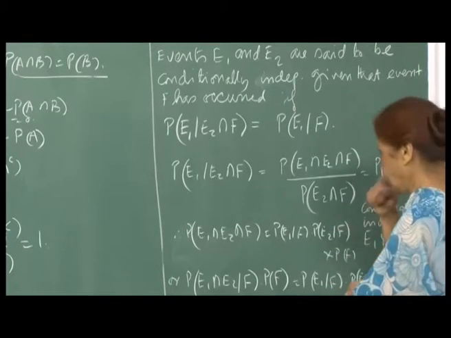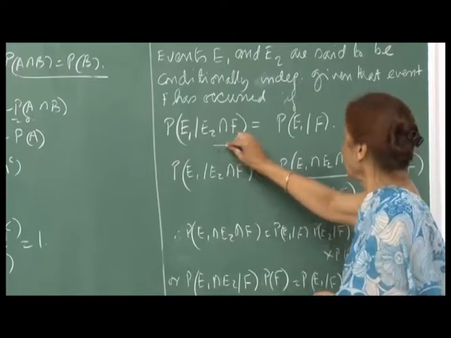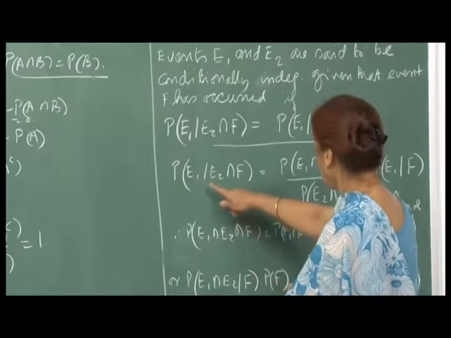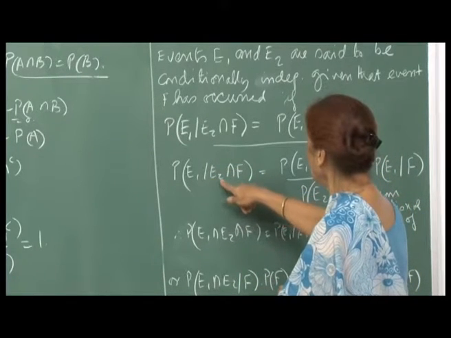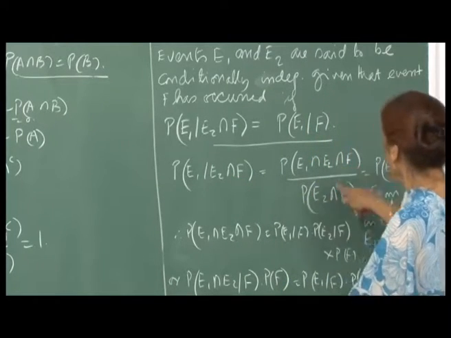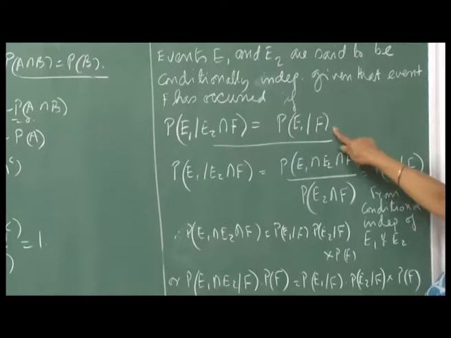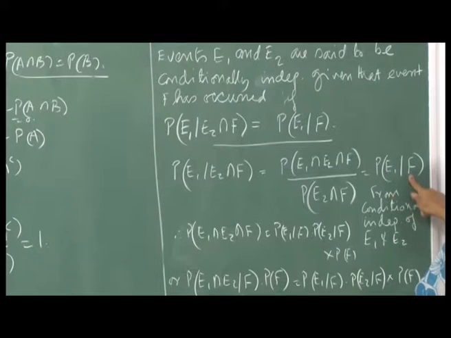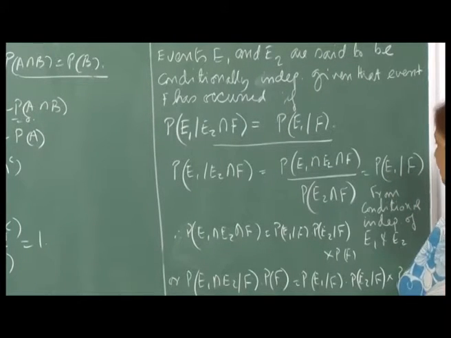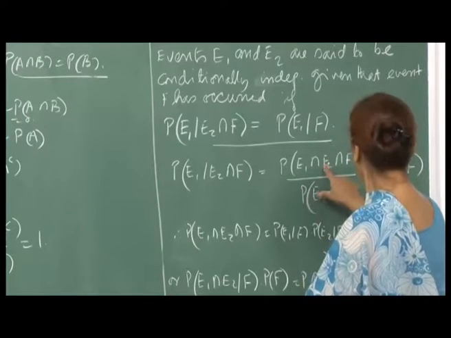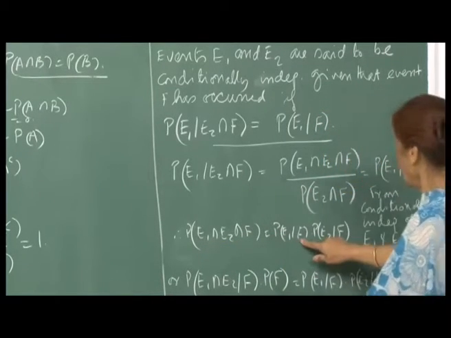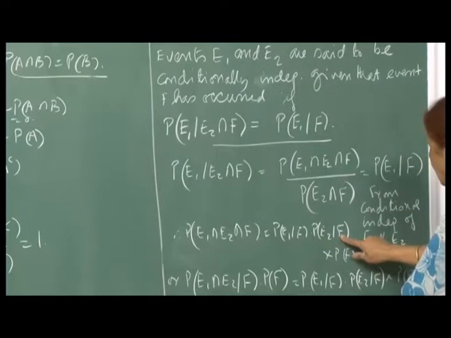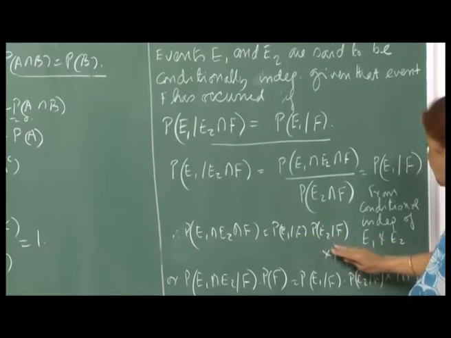Right. Now, this is one definition, but you can come to a better result. By definition, the probability of E1 conditioned on E2 intersection F can be written in this way, and by the definition of E1 and E2 being conditionally independent, this is the probability of E1 conditioned on F. So, from these two you get this, and the probability of E2 intersection F I can write as the probability of E2 conditioned on F times P(F).